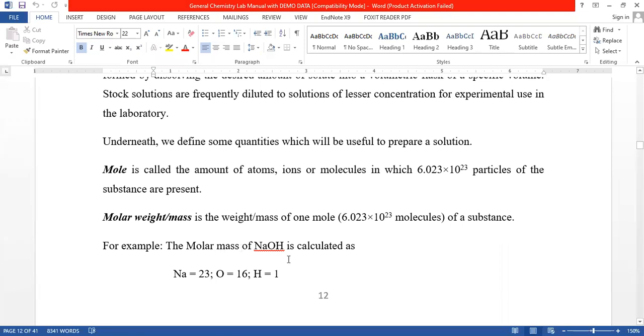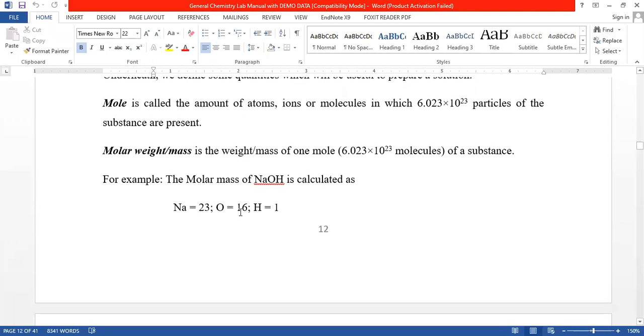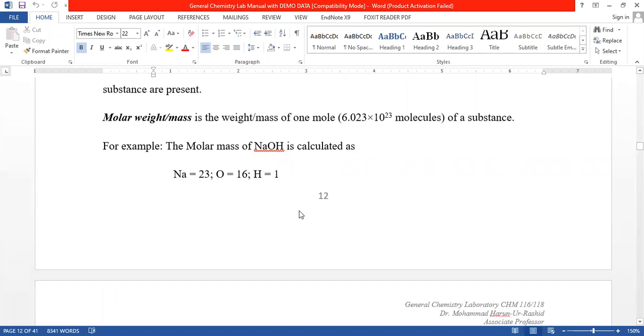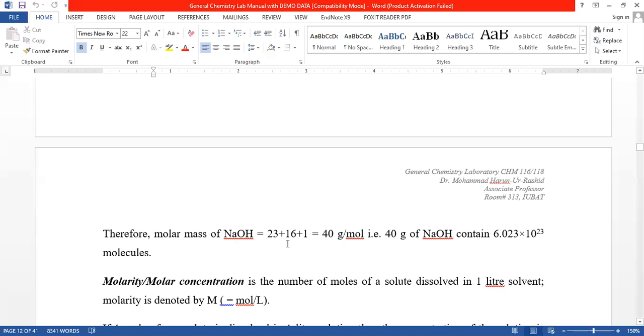For example, the molar mass of sodium hydroxide is calculated as sodium 23, oxygen 16, and hydrogen 1. We can calculate the molar mass or molecular weight of sodium hydroxide just by using its formula: sodium is 23, oxygen 16, and hydrogen 1, so a total of 40 grams per mole.